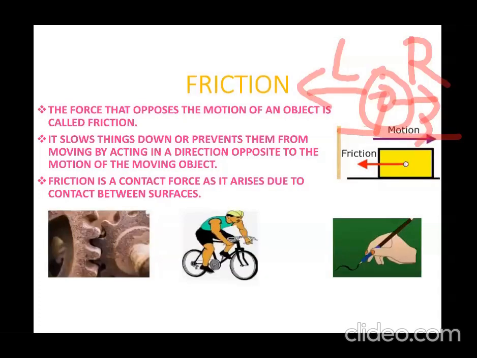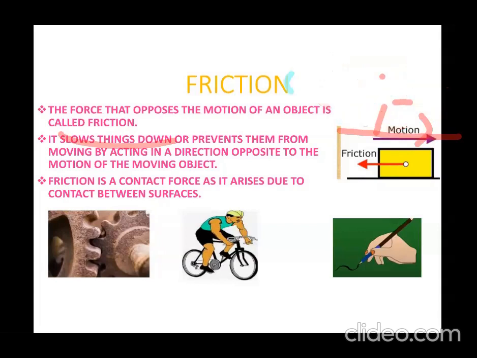So what will friction do? Children, as it is acting opposite to the motion, it is opposing motion, it is trying to stop motion. So what will it do? It is going to slow down things. It is going to decrease the speed of the moving things, right?